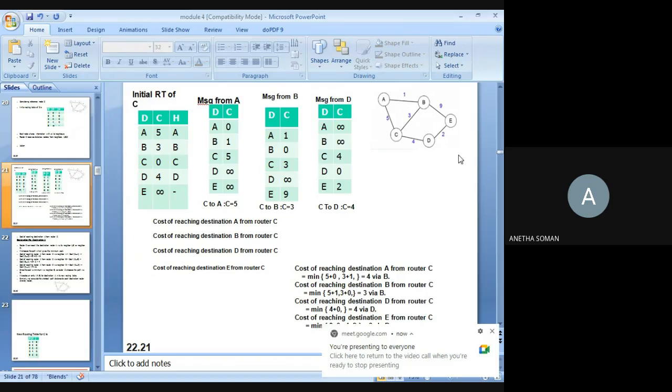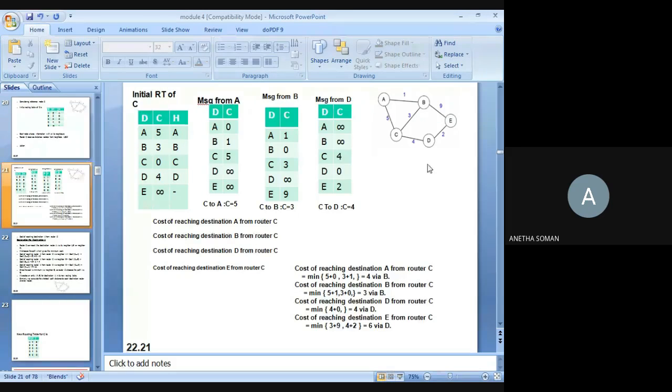Now what I have done is, initially I have created the routing table for each node. I hope you know how to create the routing table. The next thing was you have to share your information with your neighbors, right?